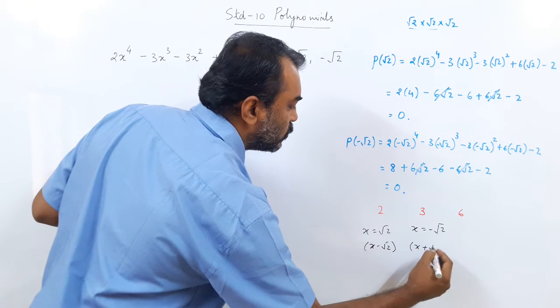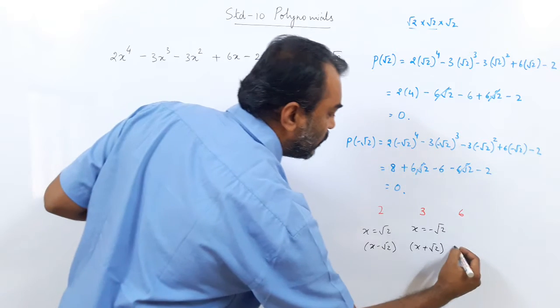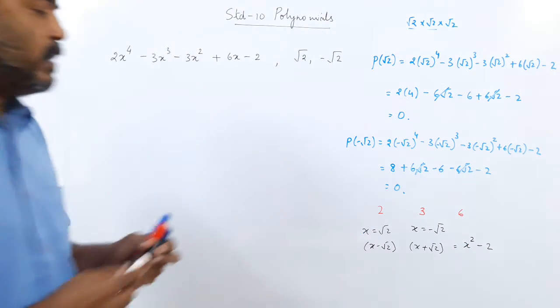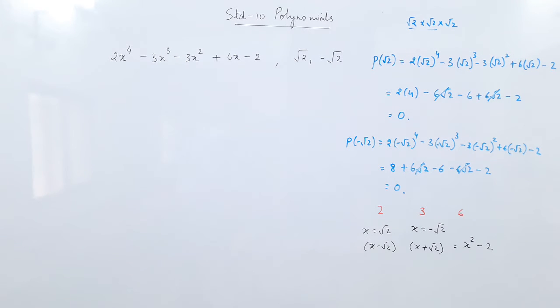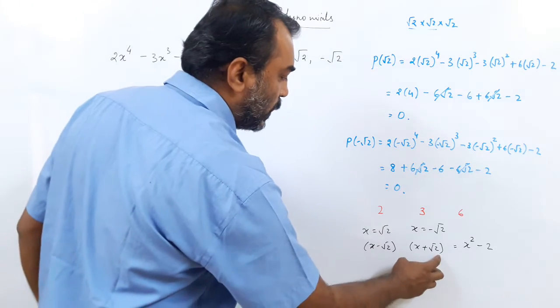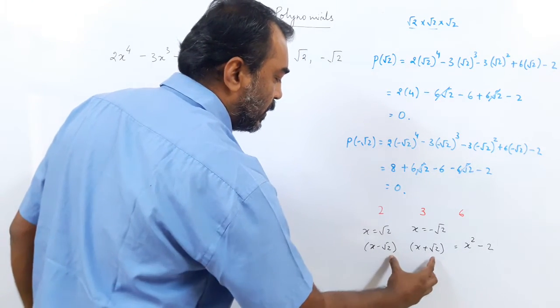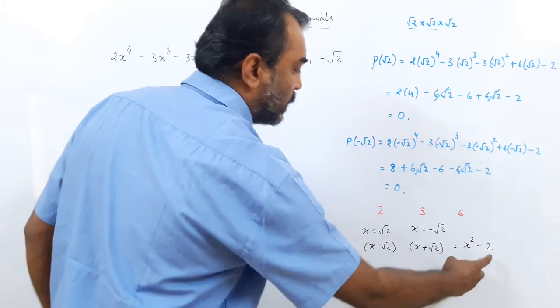Here we get x plus root 2 is 0. If I multiply them both, I get x square minus 2 is 0. How did I get this? x minus root 2 into x plus root 2. A minus b into a plus b is a square minus b square. So x into x is x square and root 2 into root 2 is 2.